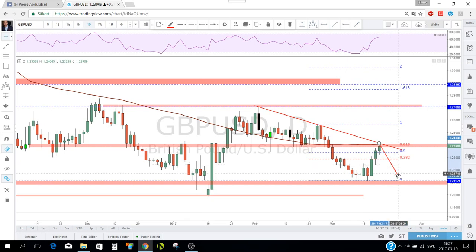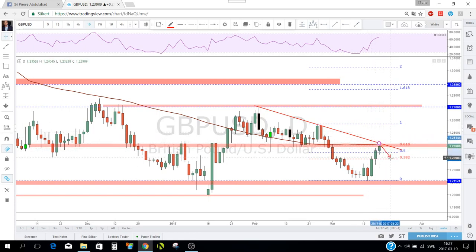Okay, if you are one of those that think this is very low and the British pound can go lower, because I'm seeing lots of people talking about that, and you want to trade it to the upside, you wouldn't buy it up here.